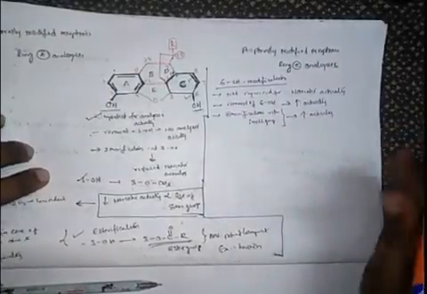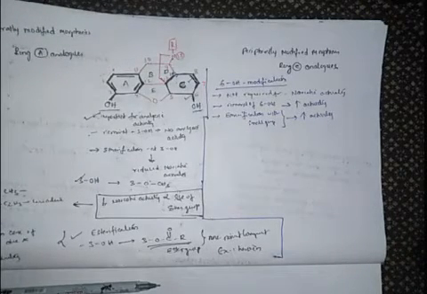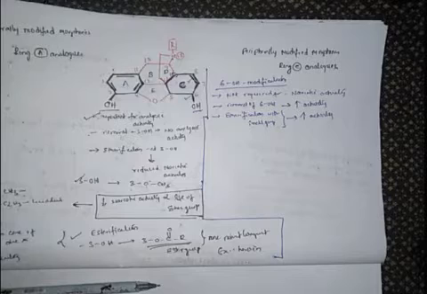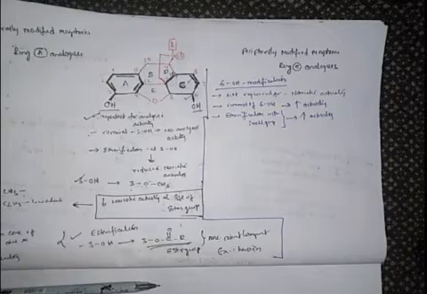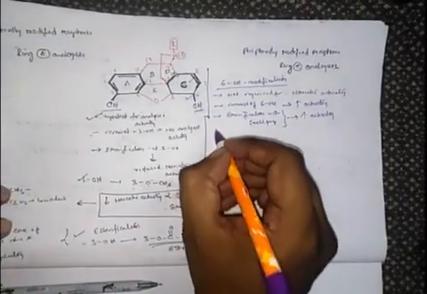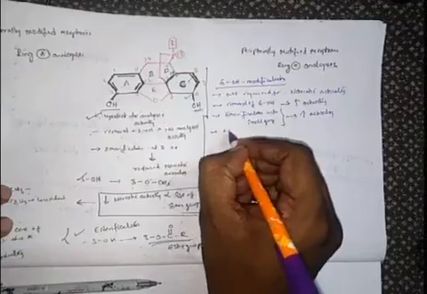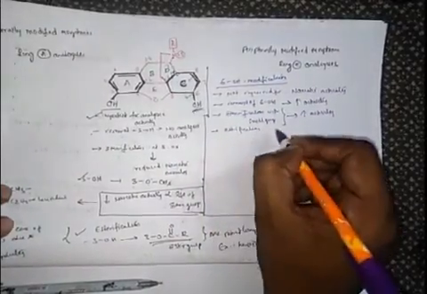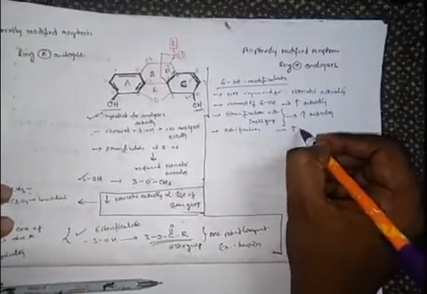So we can also perform etherification of this 6 OH group, but we have to do it with small sized groups. Esterification also increases activity.